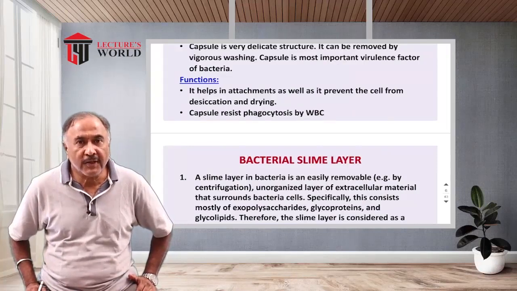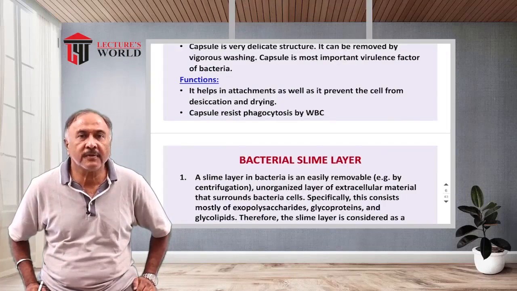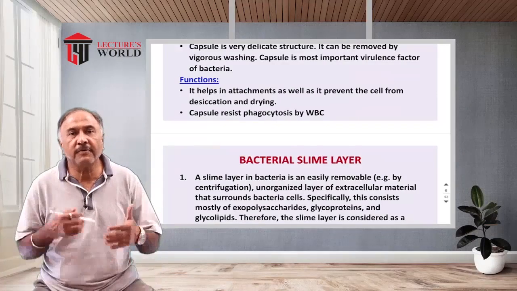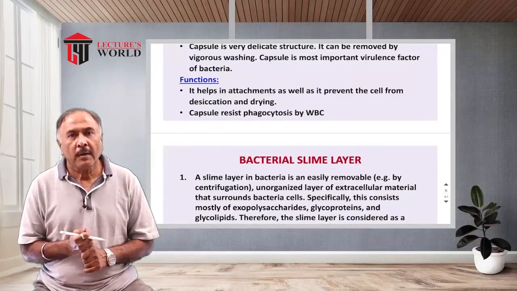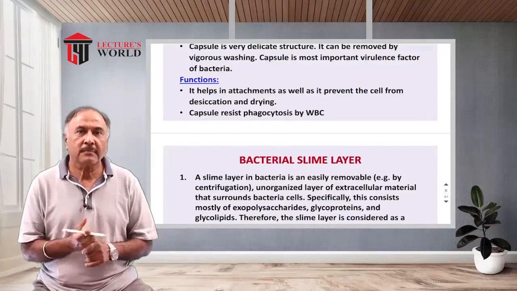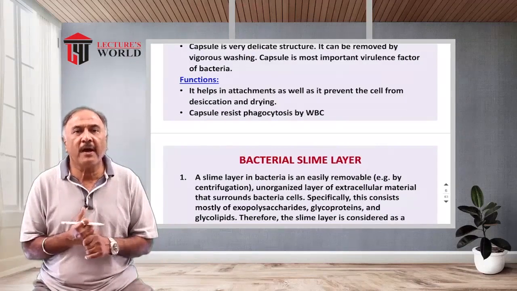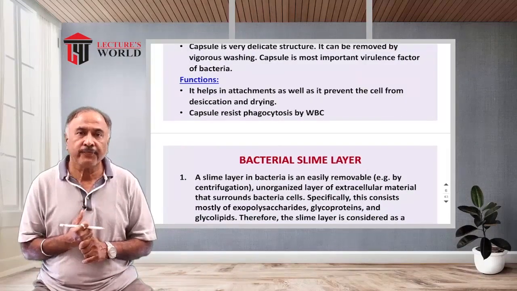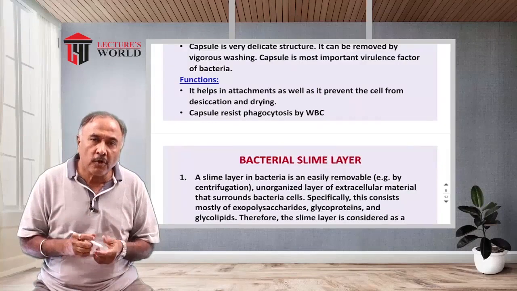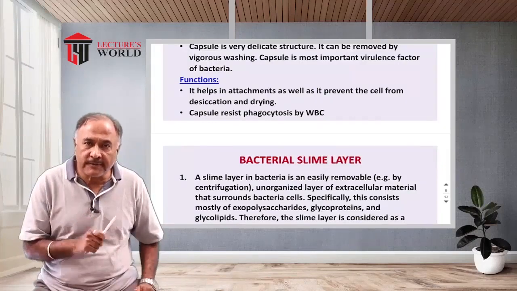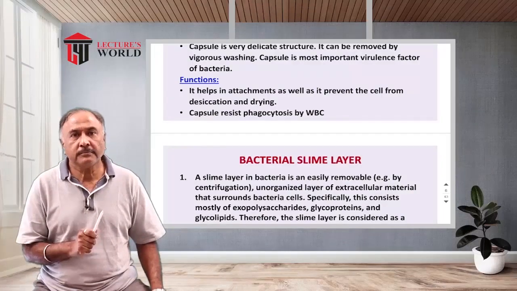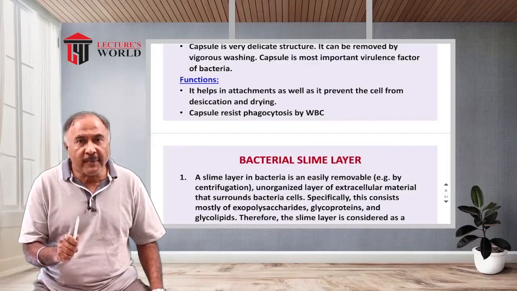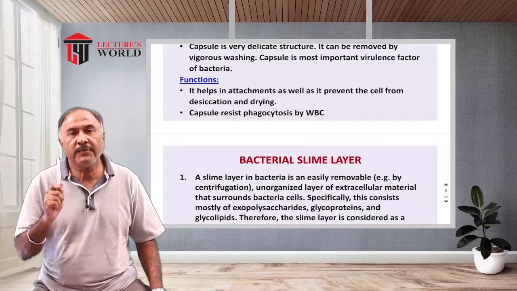WBCs and macrophages phagocytize cells, because it is one of the defense mechanisms provided by nature. Therefore, non-capsulated bacteria are easily phagocytized, while those bacteria which possess capsules are prevented from engulfment by WBCs and macrophages.